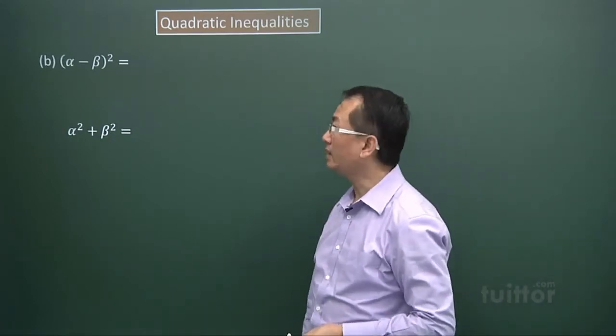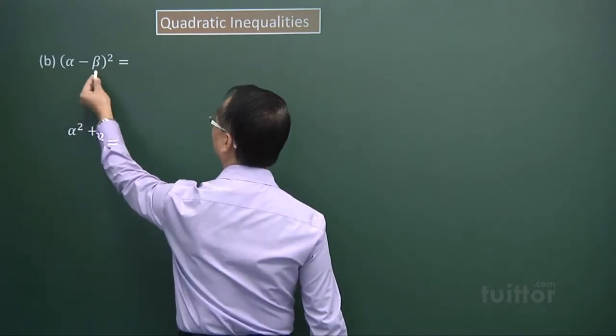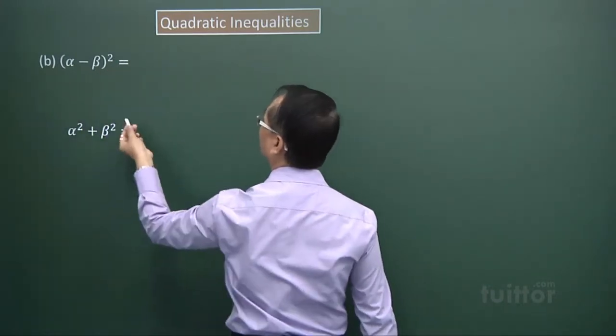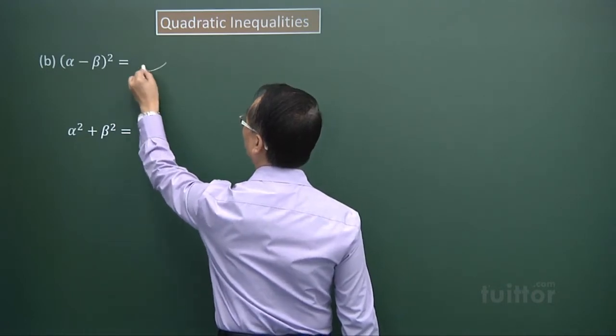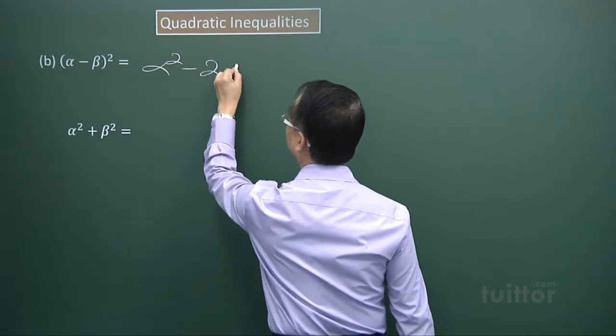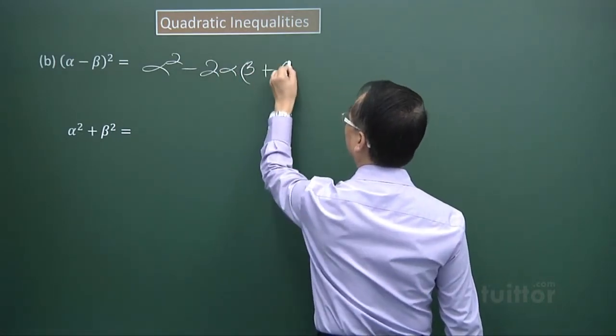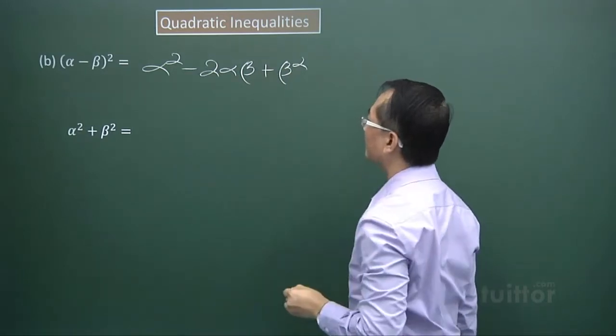For part B, where I have the difference of the two roots and then squared, the expansion will give me alpha squared minus 2 times alpha beta plus beta squared.